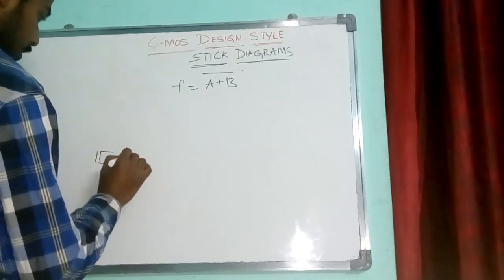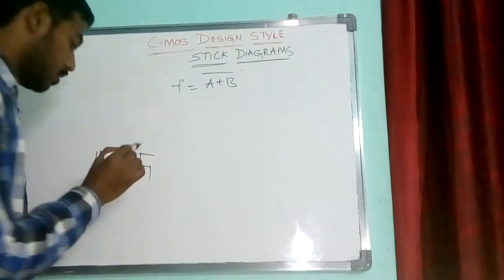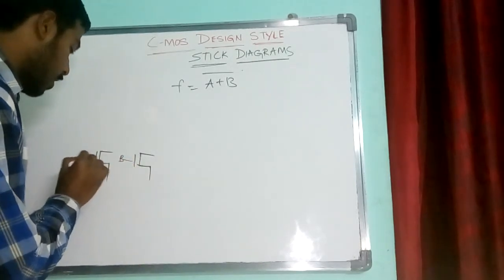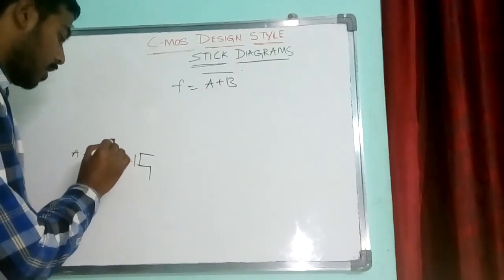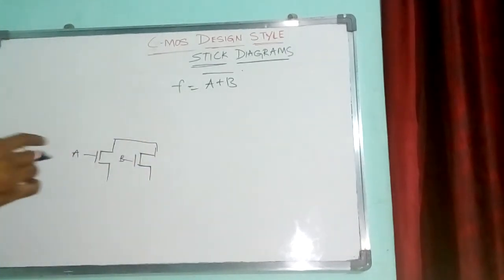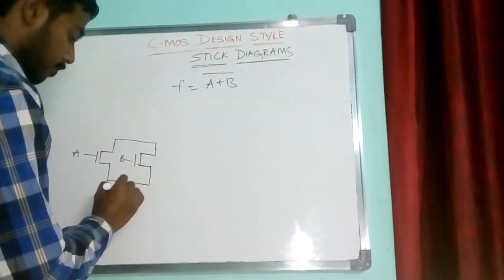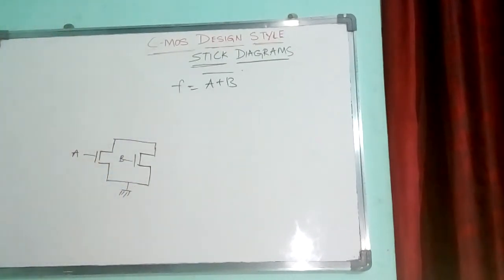I give input A and input B, and as per that these two are to be in parallel. This is the ground. NMOS side is finished.